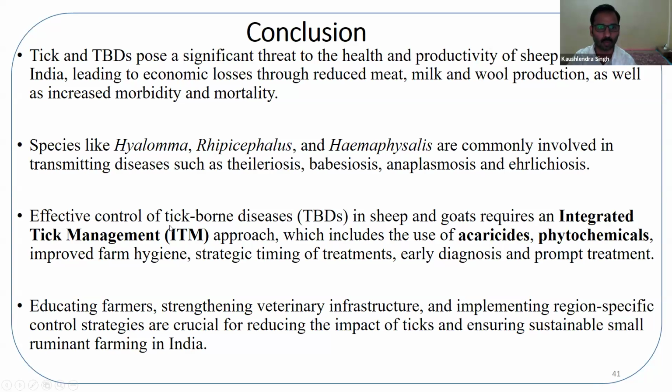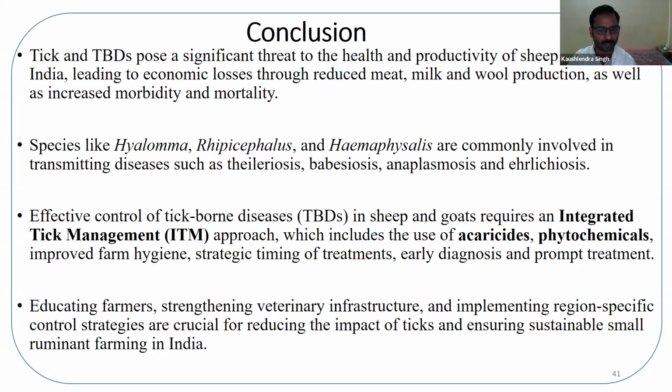Species like Hyalomma, Rhipicephalus, and Haemaphysalis are commonly involved in transmitting diseases such as theileriosis, babesiosis, anaplasmosis, and ehrlichiosis. Effective control of tick-borne diseases in sheep and goats requires an integrated tick management approach, which includes the use of acaricides, phytochemicals, improved farm hygiene, strategic timing of treatment, early diagnosis, and prompt treatment.